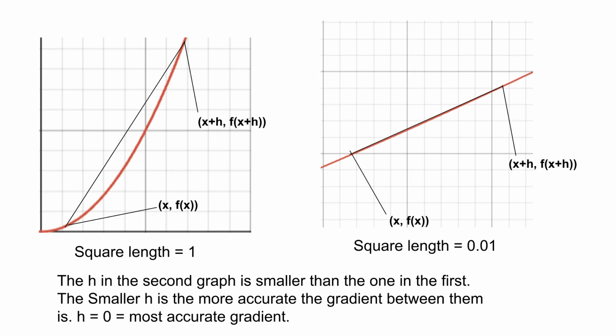But if we zoom in to 0.01, we see that it is a lot more accurate to the line itself and therefore the gradient. Differentiation uses the same idea, but the distance between the points is infinitely small. This gives us the most accurate gradient at that point on the line.